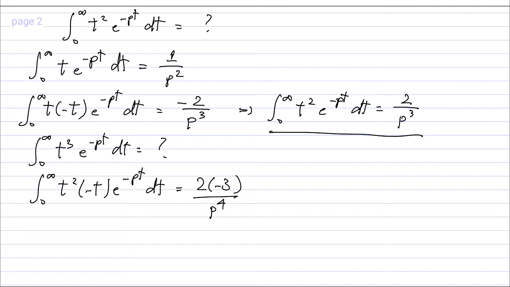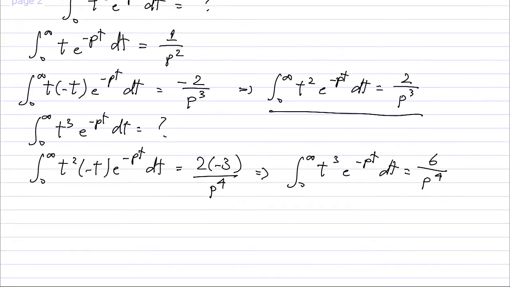Okay, and the minus sign cancels, and this implies that the integral from 0 to infinity of t cube e raised to power minus pt dt is equal to 6 over p raised to power 4. Okay, so the pattern should be very clear.